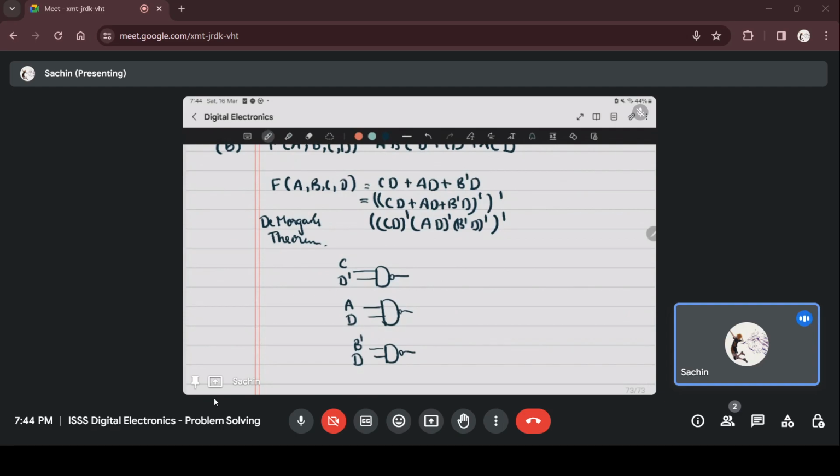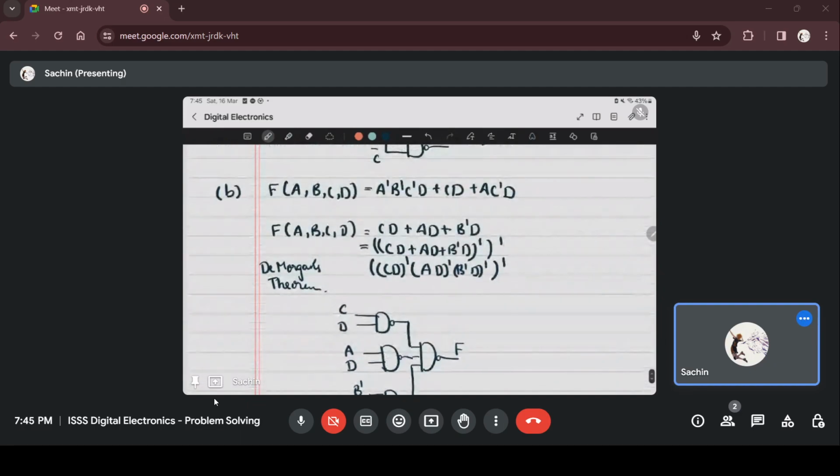That will give you CD complement, AD complement, and B prime D complement, and then those three are fed as inputs to a 3-input NAND gate, which will give you F. So we are assuming that B prime is given to us already, and then we can use a two-level NAND gate to implement the expression.